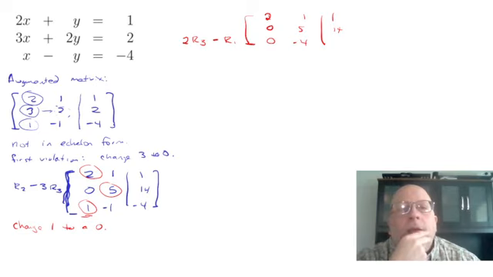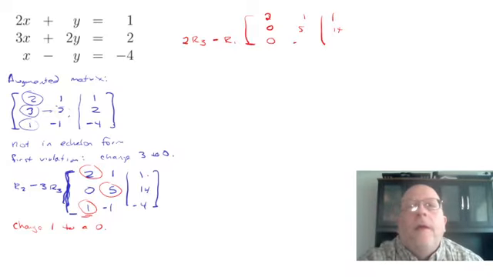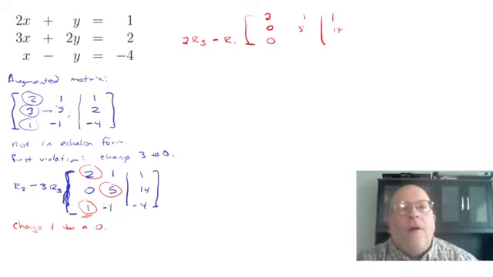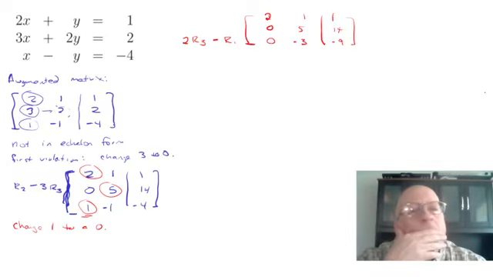And -8 minus 2. Is that right? I did this wrong. That's what's going on. -2 minus 1 is -3. And -8 minus 1 is -9. All right.